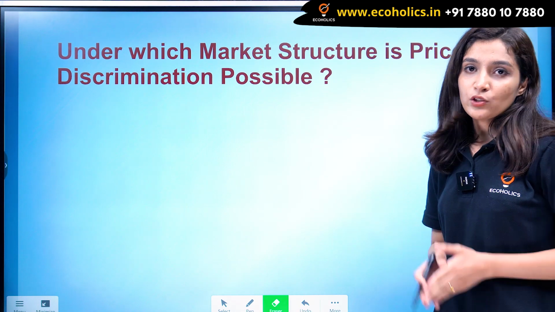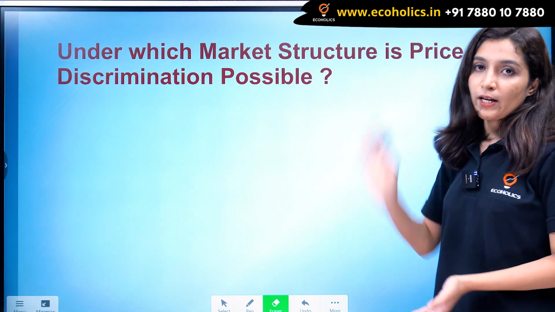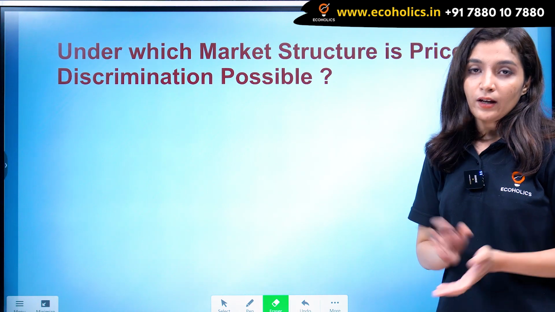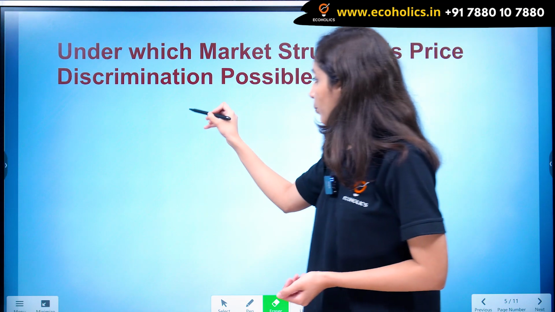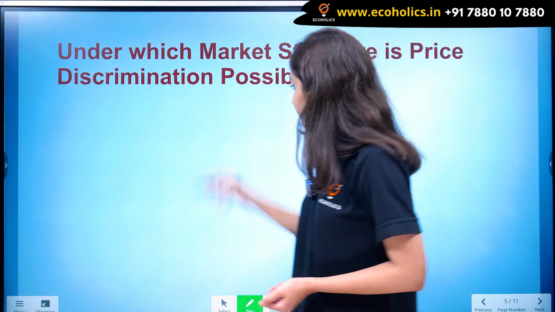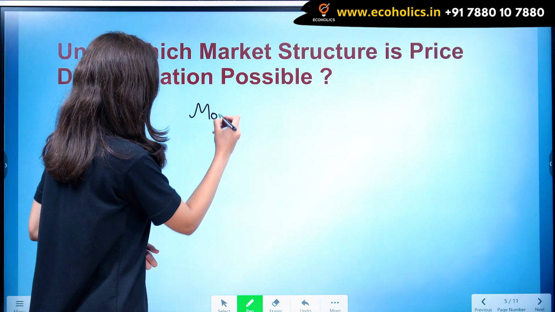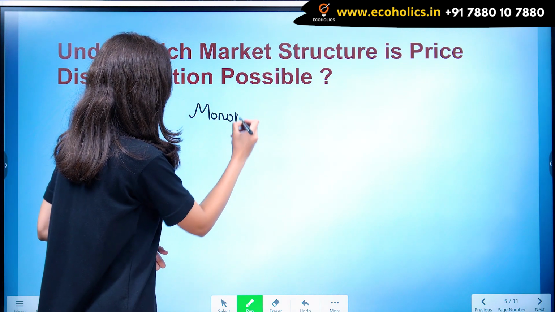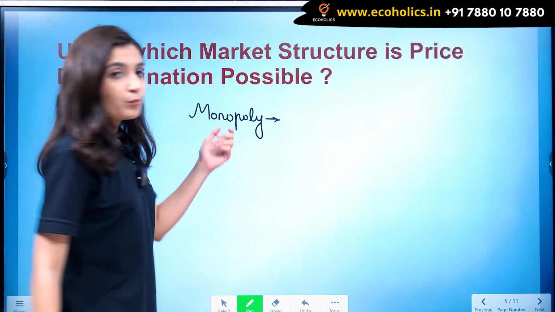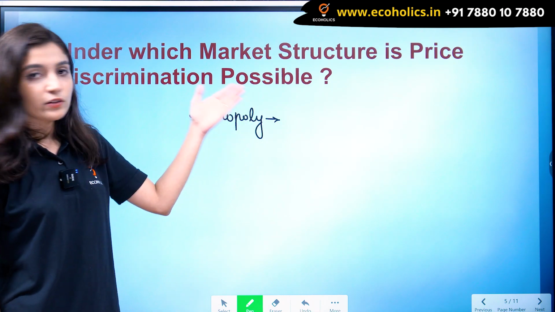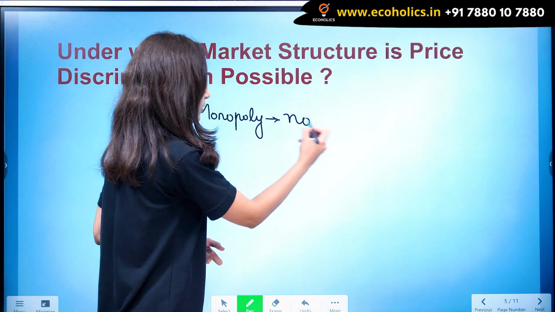Now, the next question that arises is, under which market structure is price discrimination possible? The answer to this question is quite simple. It is under monopoly. So under monopoly, price discrimination is possible because we have no close substitutes.